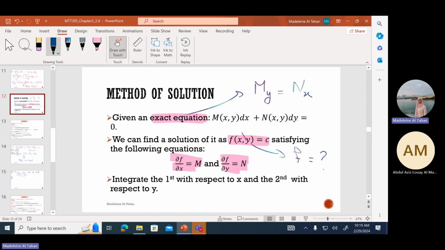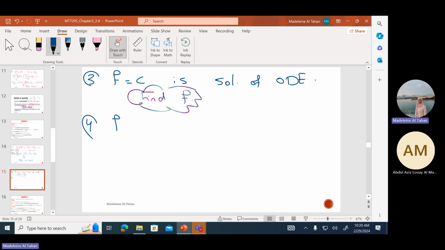How do we find f? We have two equations to use. This is our first equation that we will use, and this is our second equation that we will use. Okay, miss? f_x is equal to M, f_y equals what? To N. These ones, we are not bringing them from our home. They are the rules that we are following, right? What's M, miss? From where will we bring M?